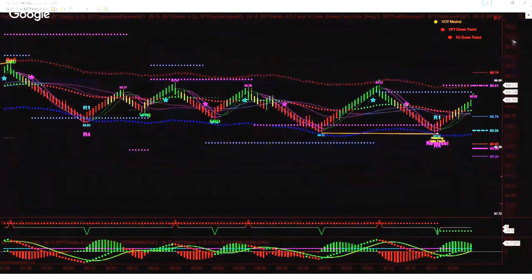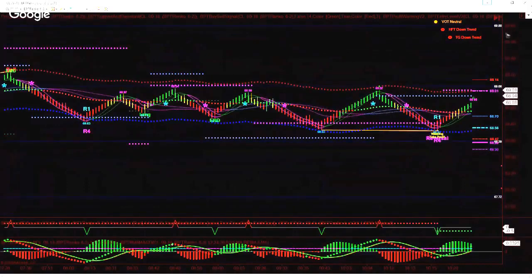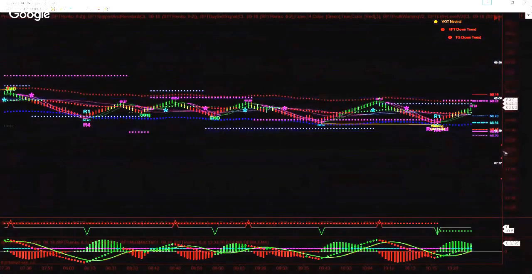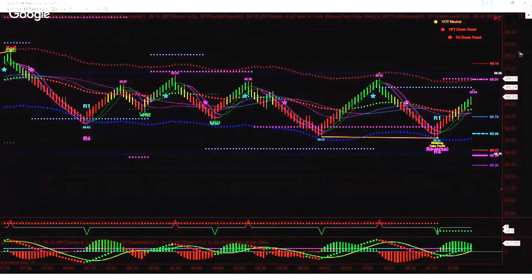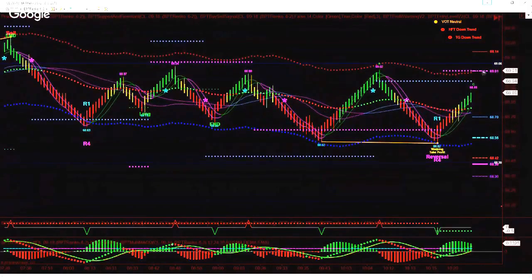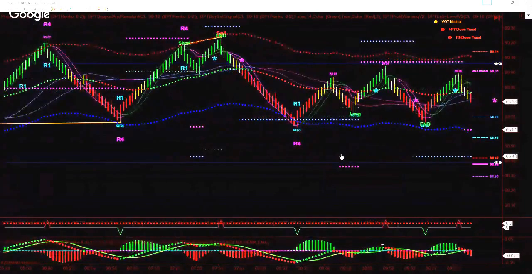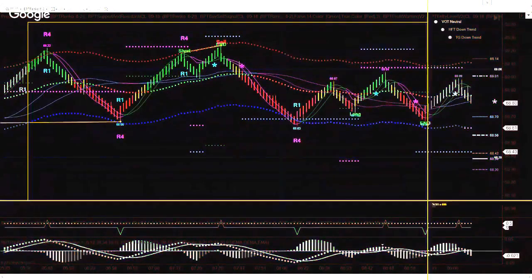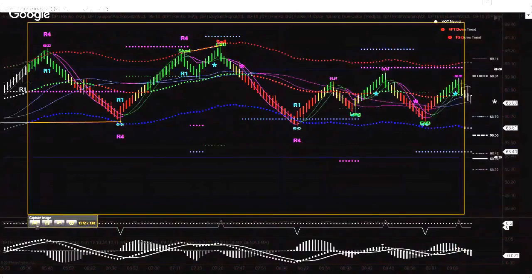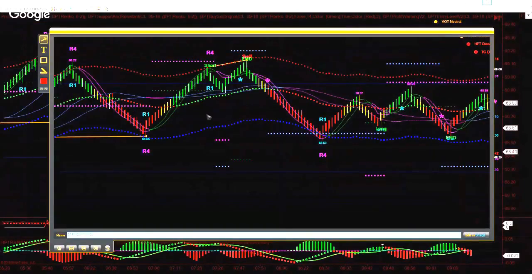One thing you're going to see on that chart here: your fib lines, support and resistance. And then what we are going to see on that chart here are reversals. It's all calculated, and those reversals do not repaint.